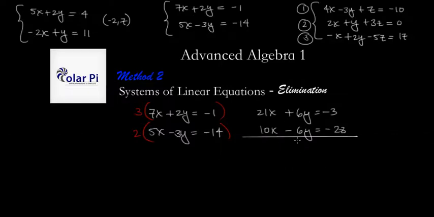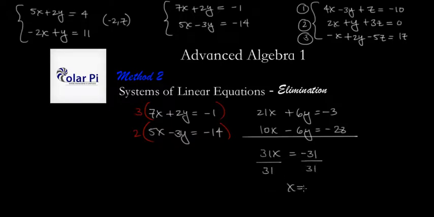Instead of subtracting, now if we add, the y's eliminate, right? Or y is eliminated. And so 21x and 10x make 31x, plus 0y, and I won't even bother writing plus 0, and equals -3 minus 28, which is -31. So we've got this, and then divide by 31 on both sides.